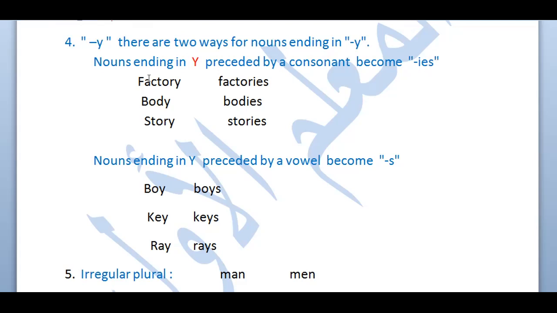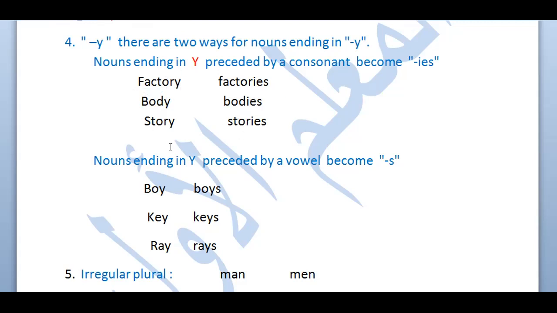So we have examples here: factory, factories, body, bodies, story, stories. As we see here, these nouns in singular form end with Y, and this Y is preceded by a consonant letter. So we have IES instead of Y. Of course, we delete Y and we put IES.